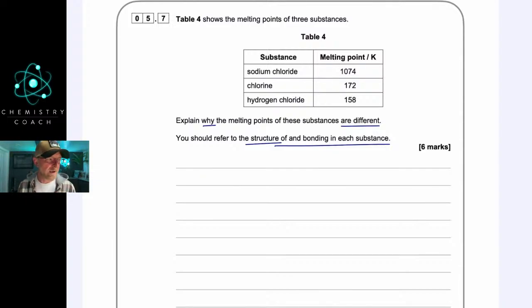So what we go with here is literally just make statements about each one. I'd say that NaCl is ionic, and we're describing ionic substances, so I'd say it's a regular lattice.